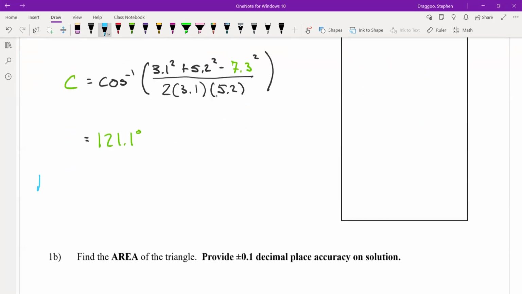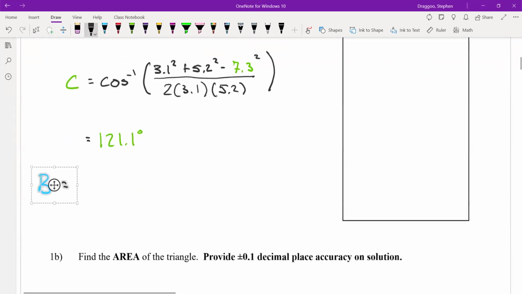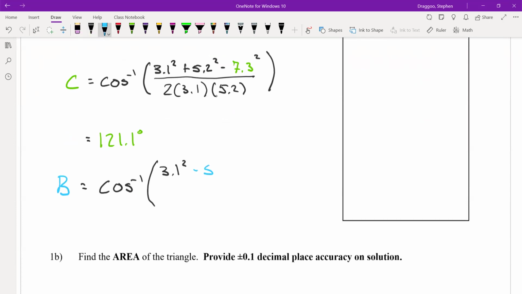Let's get angle B next. It's going to be the cosine inverse of, if I just swap some things around here, 3.1 squared minus 5.2 squared plus 7.3 squared, all divided by 2 times 3.1 times 7.3.